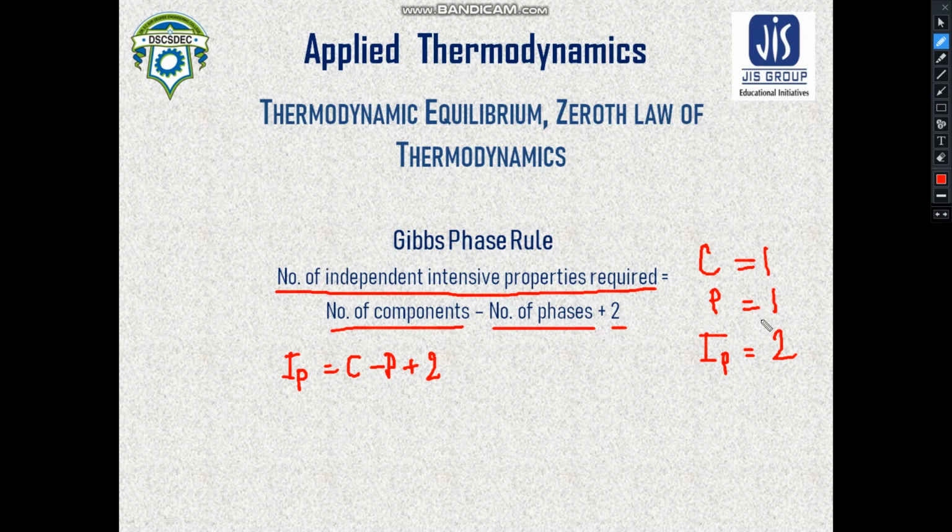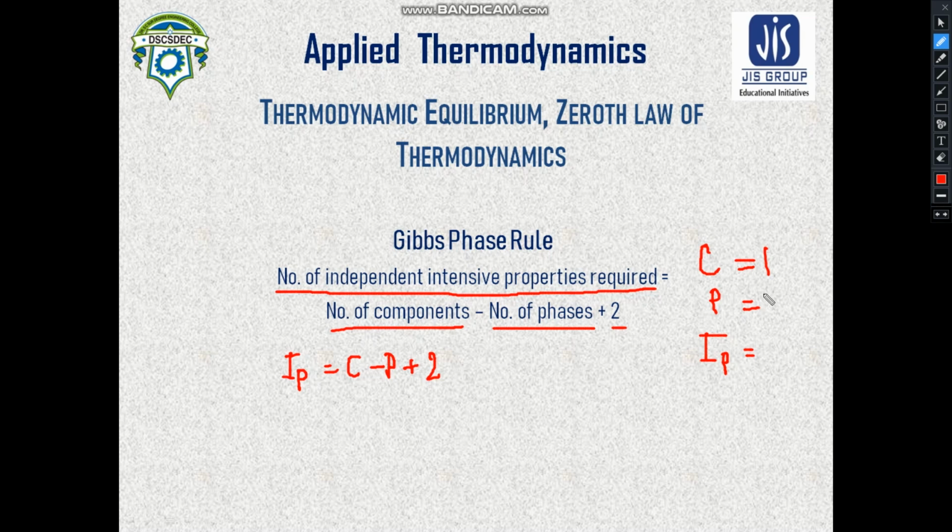Now let us consider the number of components remains 1, but the number of phases changes. If we consider a mixture of water and water vapor, that is steam, then we can obviously understand two different phases, liquid and gas, coexisting.